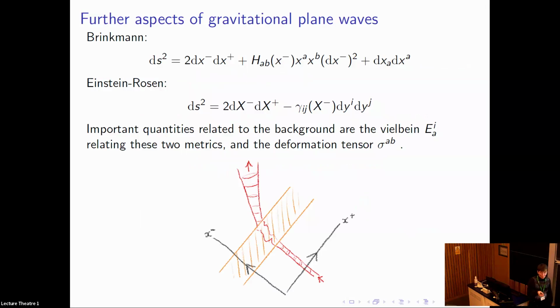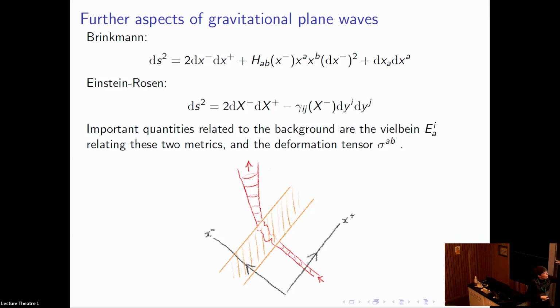So in order to define these 3-points, 2-points on backgrounds, we also need to look at some further aspects of these gravitational plane waves. So this is the metric I was presenting earlier. And this can be rewritten in some other coordinates called Einstein-Rosen coordinates using the Kuhlbein. You just shift your transverse coordinates to this.